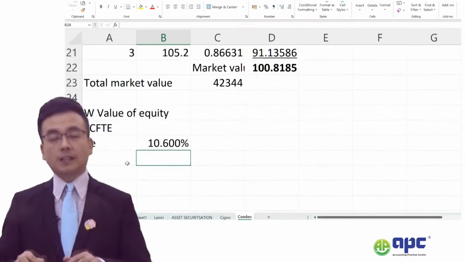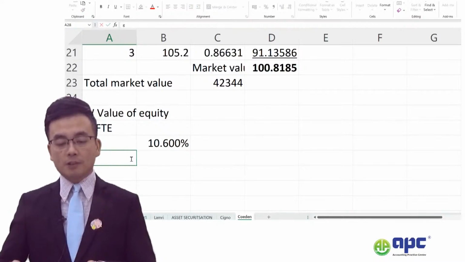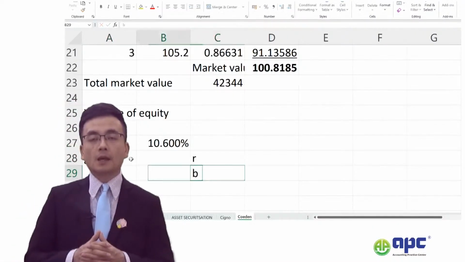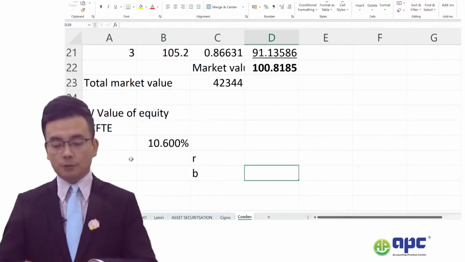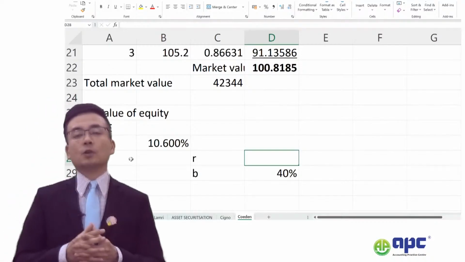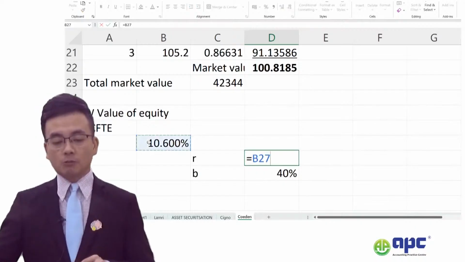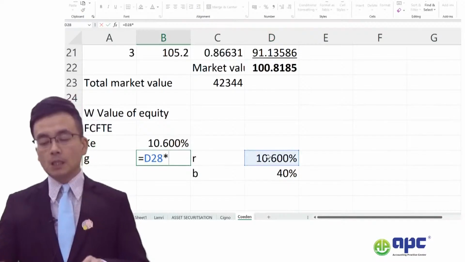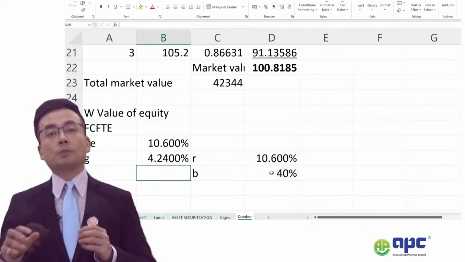And we've got the growth rate. Now according to Gordon's growth model, we've got firstly the R, secondly the B. Now B stands for the amount retained within the business of 40%, and the R stands for the cost of equity being 10.6%. So for the growth rate, we take R times B, and we are expecting the free cash flow to equity to grow at 4.24%.